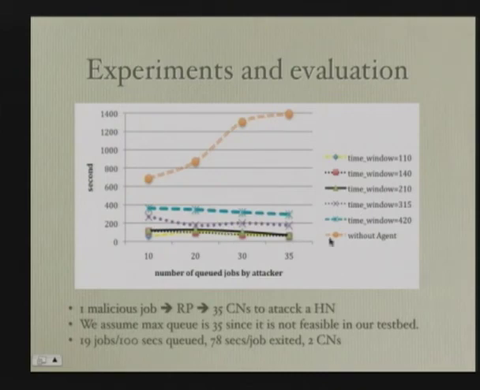But for time windows less than 210 seconds, there isn't a big difference, because the queued jobs are very few, so it didn't satisfy the threshold. If we assume the threshold is around 70%, it doesn't act until 70% of the queue is filled. So that's why we came to know that 210 seconds is optimal here.